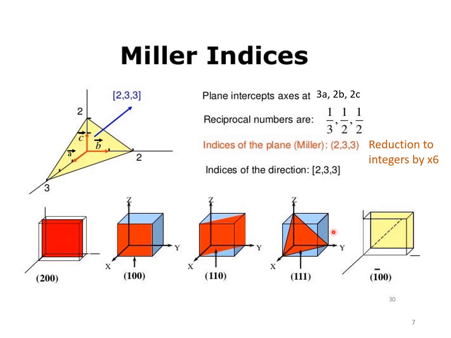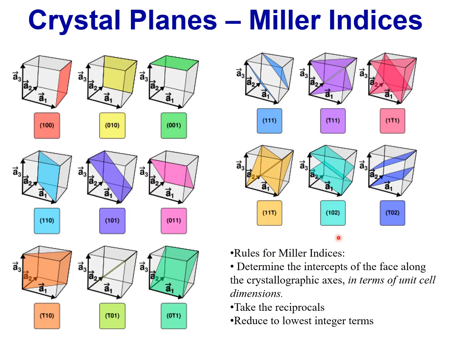Here's some other examples. There's the 2O one I was mentioning about. Bearing in mind, when you say something like a 2O plane, it means every plane which has a spacing which is halfway along the A parameter. This illustrates what I was just talking about.